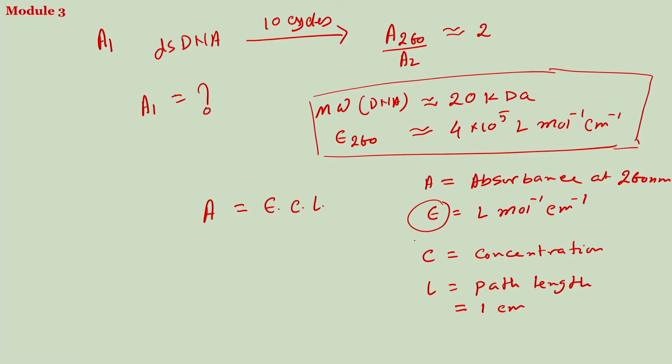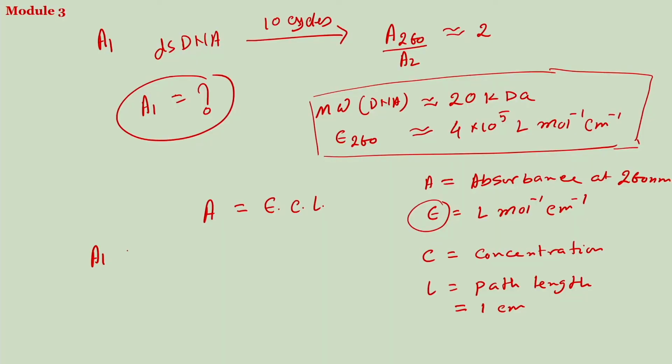So, our target is to measure the absorbance at the beginning. If you start, A1 equals epsilon, at the beginning let us say the concentration was C1, and L. You are using the same cuvette, so essentially L is the same for both cases.